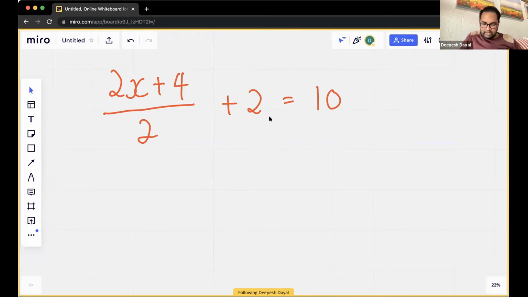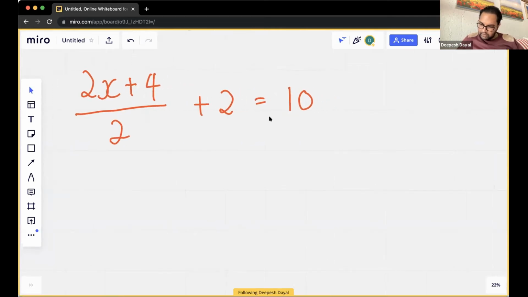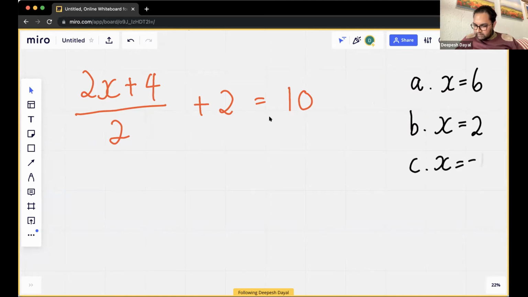And I'm going to give you a few answers to this. The answers can be either A, x equals 6, B, x equals 2, C, x equals -1, or D, x equals 0.